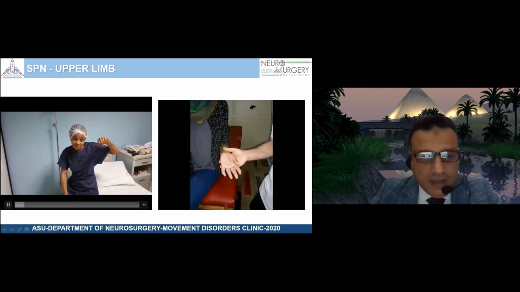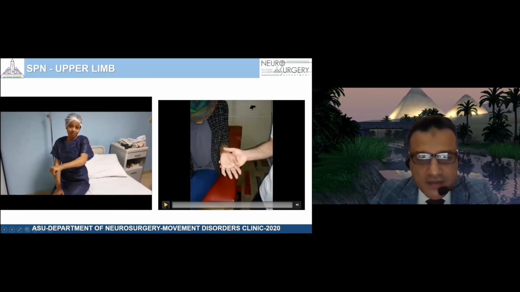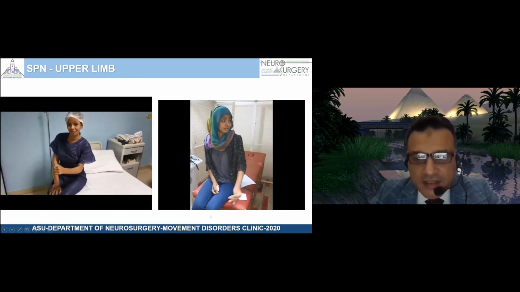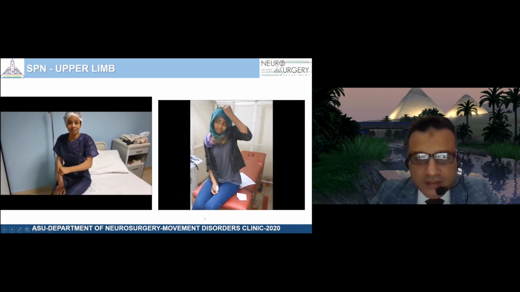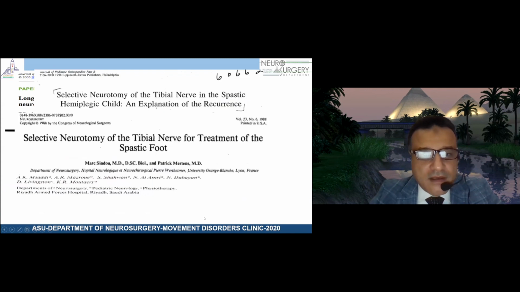Also, it could be applied to the upper limb in such girl with post-stroke left hemiparesis. We can do it in the upper limb with good relaxation and good motor function of the hand.